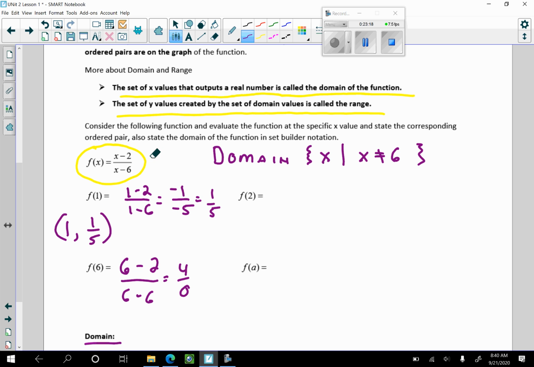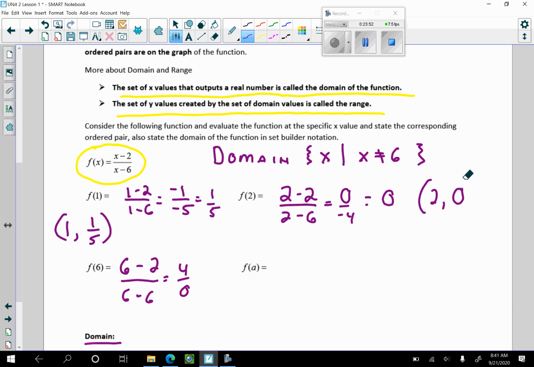It's going to be very important that I can handle these rational functions because I'm going to graph these rational functions. f of 2 is going to be 2 minus 2. That's interesting. Over 2 minus 6, which is 0 over negative 4. That's not a real number, is it? You have 0. So that's going to equal 0, and the ordered pair then is 2 comma 0.